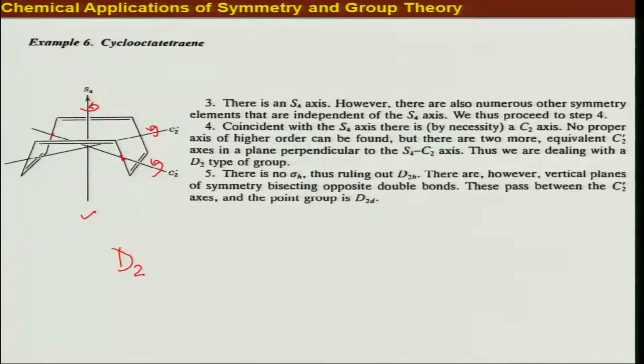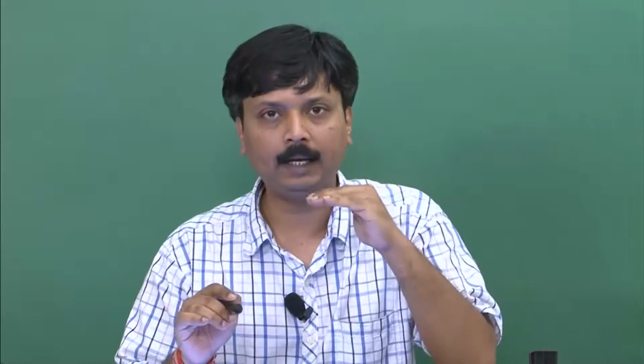Now looking at this molecule, do I see any plane which is perpendicular to this C2 or S4 axis that can give you an indistinguishable structure? And the answer is an obvious no, right. So, I cannot really have this reflection symmetry which is based on the plane perpendicular to the C2 axis. So, there is no sigma h, but there are sigma d's.